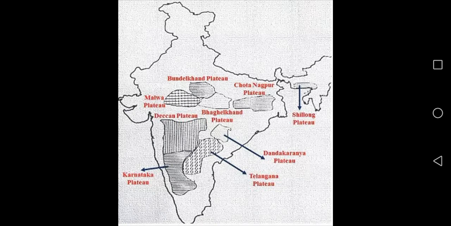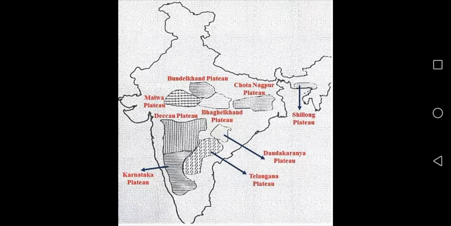The Central Highlands are further divided into different plateaus according to the heights, according to the elevation. The famous plateaus you can see are the Malwa Plateau, Bundelkhand Plateau, Chota Nagpur Plateau, Deccan Plateau, Karnataka Plateau and others.